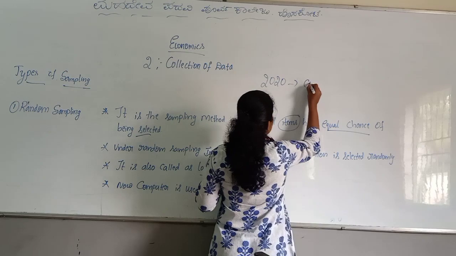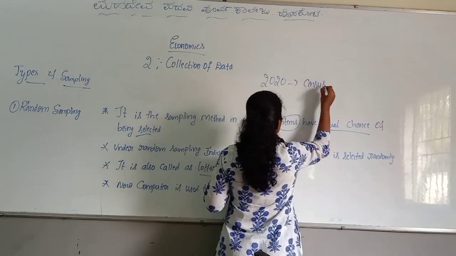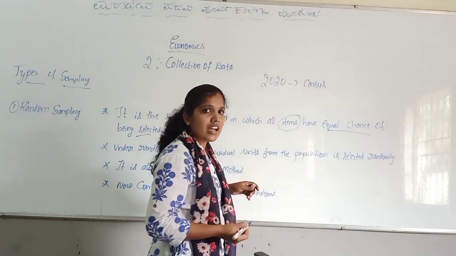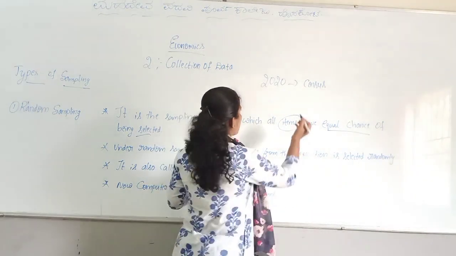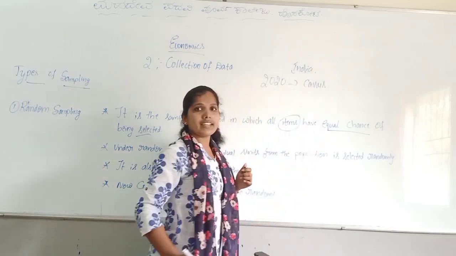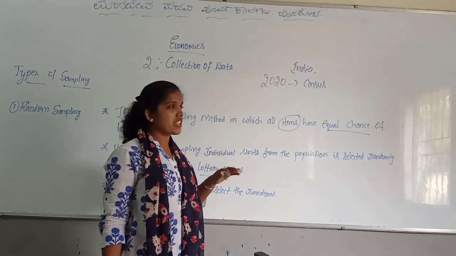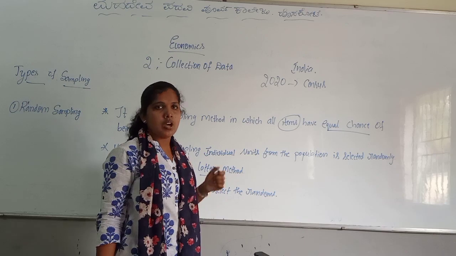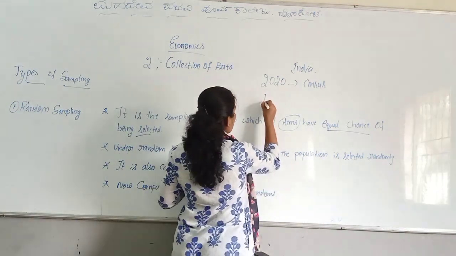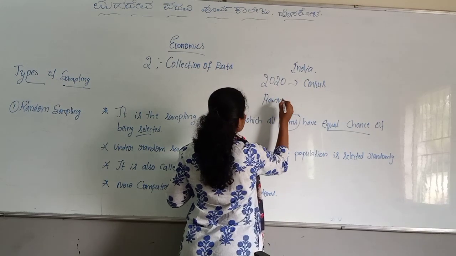Then it is called census. But out of this entire population, if I take a subgroup, the entire India is considered the entire population, and that is the census method. But as a sample, I might take a group. So I can take only Karnataka.